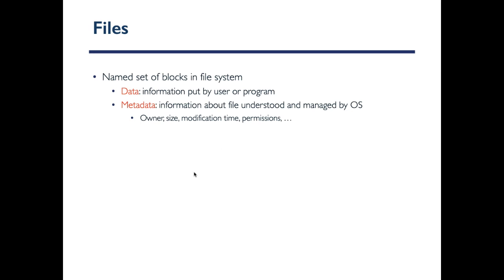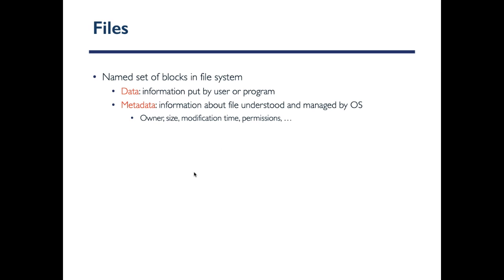What data do you have in a file? The first one is your actual data that is associated with the writes that happened by your program. So this is basically the information that the user or the program created and gave a name. In addition to your actual data, usually your file system and the operating system also want to store some information about that data and about that file.